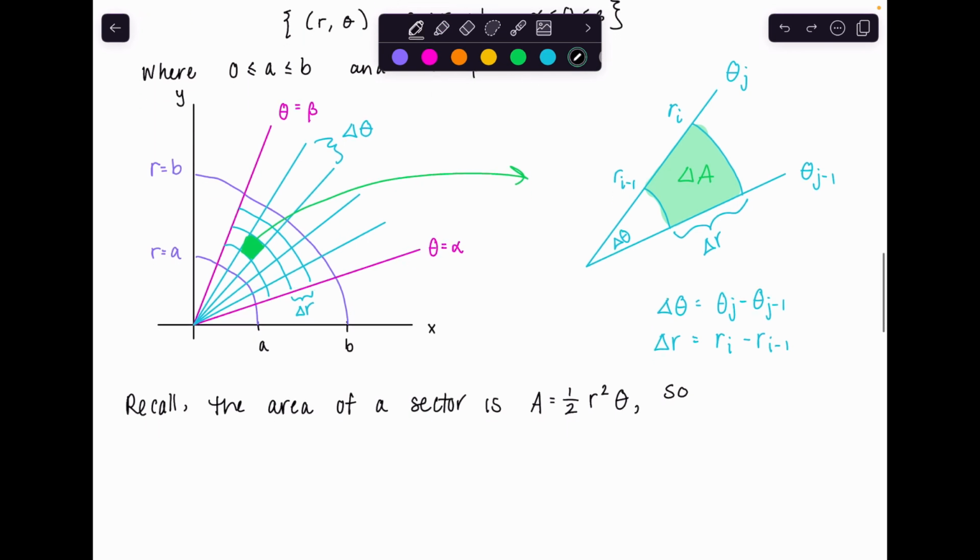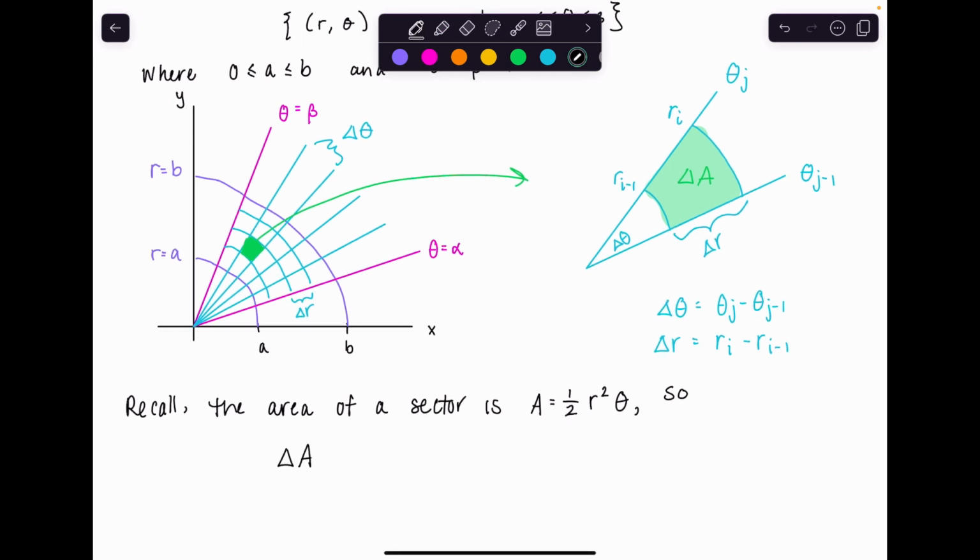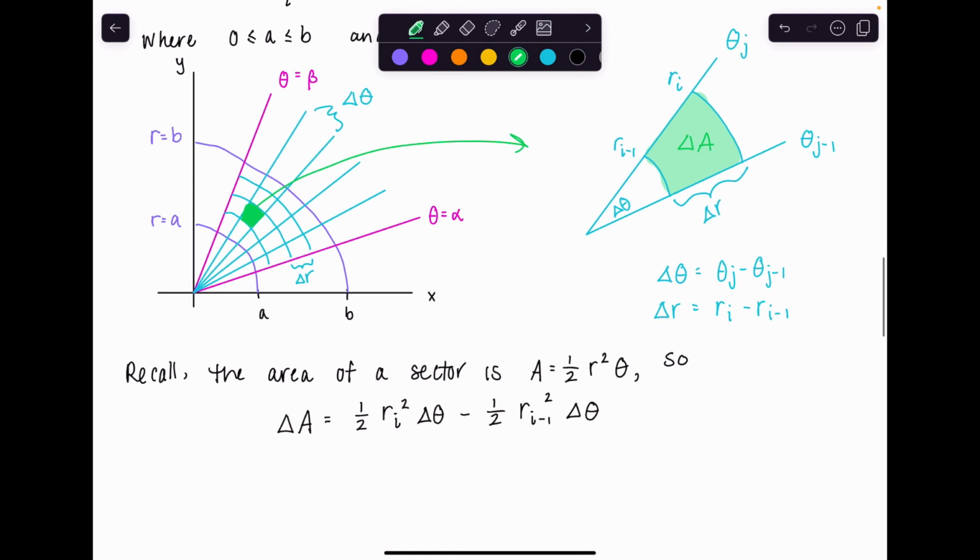Okay. So delta A is going to be 1/2 R_i squared times delta theta minus 1/2 R_{i-1} squared delta theta. All that is it's the area of the bigger sector minus the area of the smaller one.